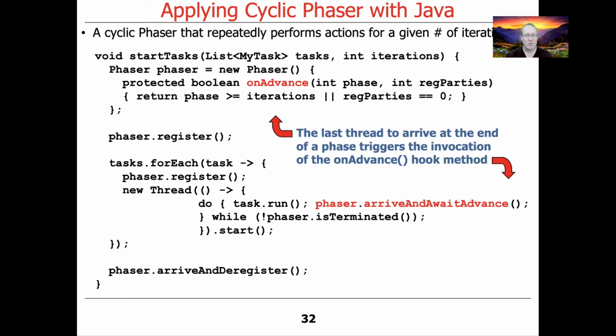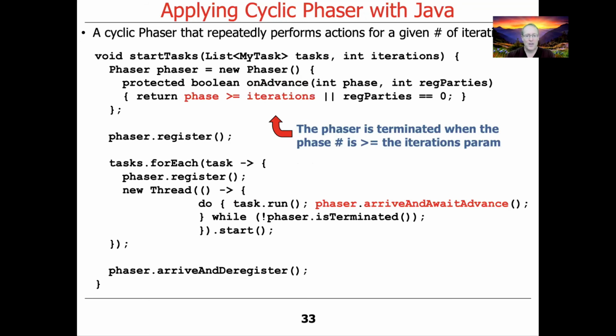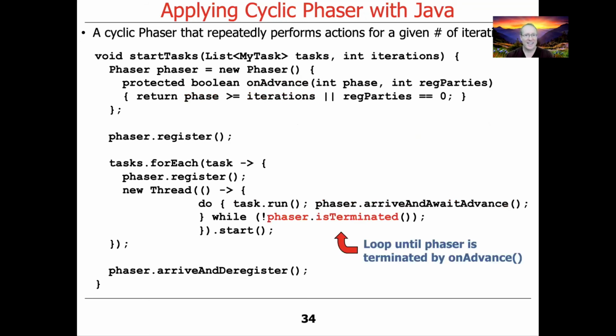And the last thread that arrives will trigger the invocation of the onAdvance hook method. And then that will dictate whether or not we keep going. So if it returns true, then that means that we're done with the iterations. And when onAdvance returns true, then the isTerminated method on the phaser will also return true because we're done.